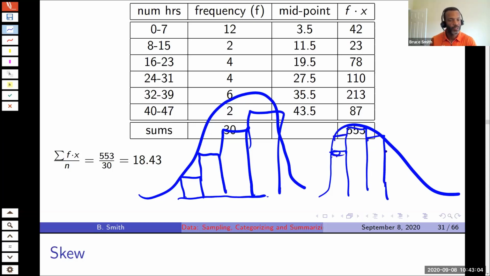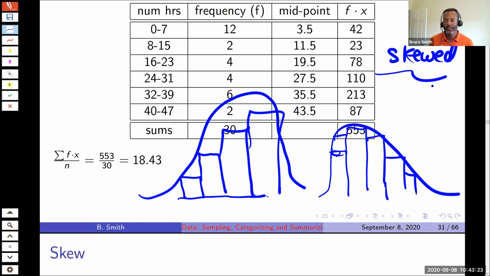I think I should show it like this. With both of these, we're going to say that they are skewed. Not a big deal. I think almost all of us will look at that and say, yep, it's skewed.